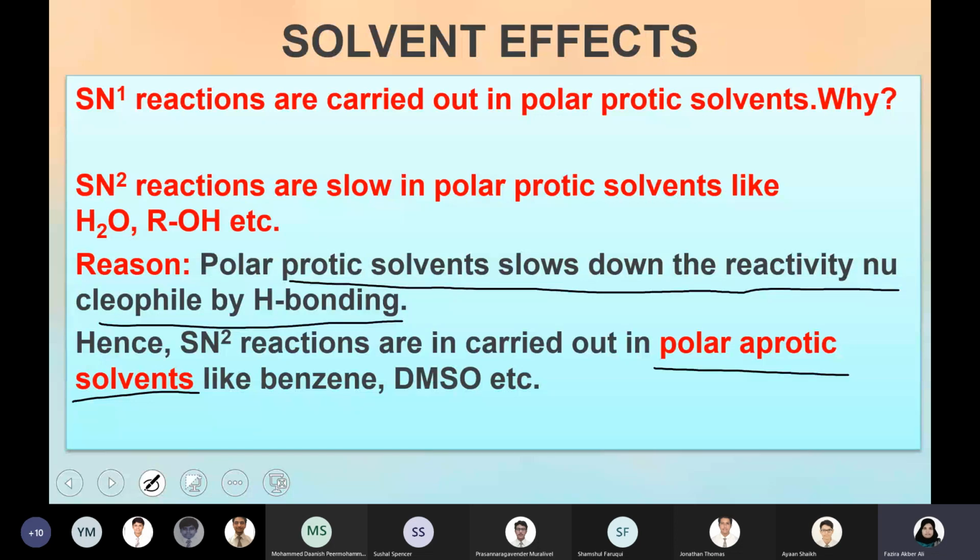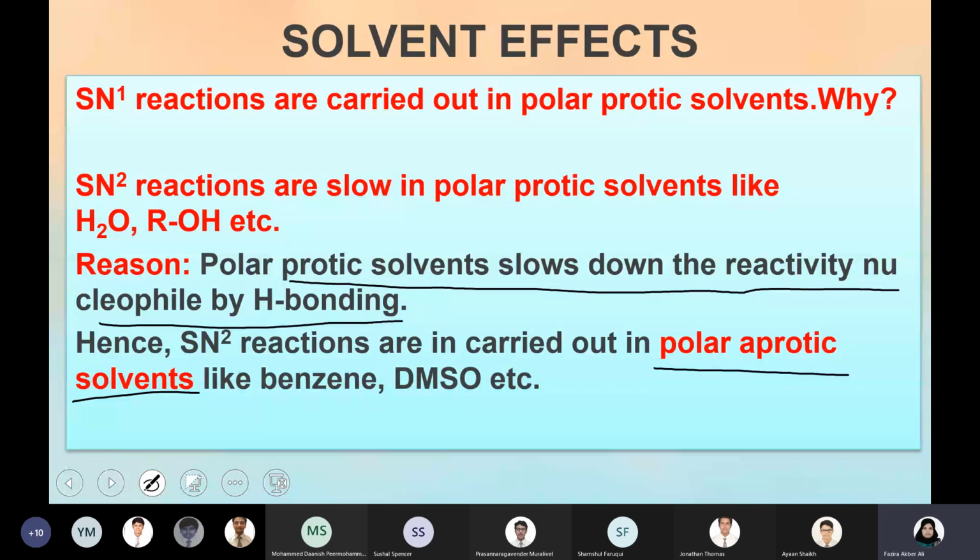So this is known as a solvent effect. That means the solvent you're taking for a particular reaction, nucleophilic substitution, also decides whether it's SN1 or SN2, or the rate of the SN1 and SN2 reaction. Because in an SN2 reaction, what is important is the attack of a nucleophile. The nucleophile should attack from the rear side.